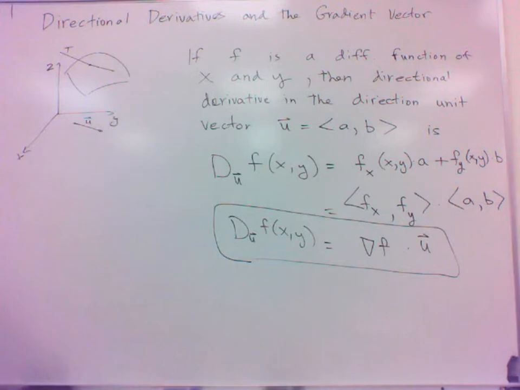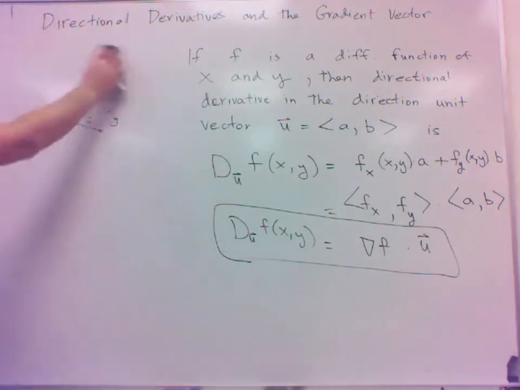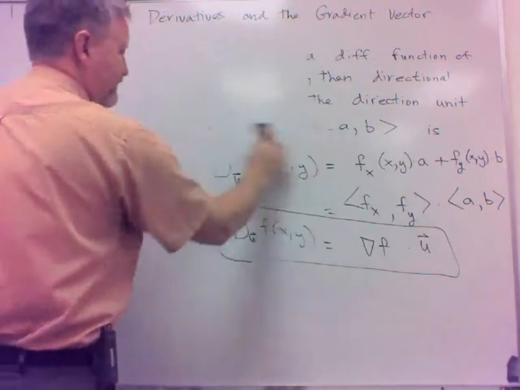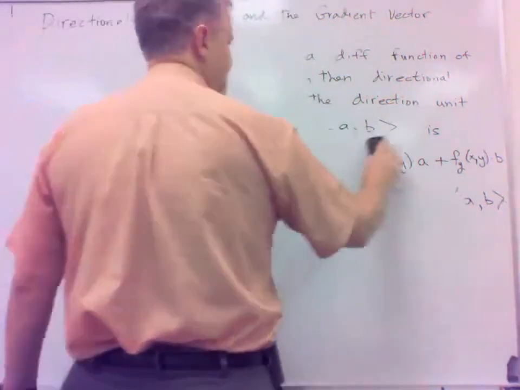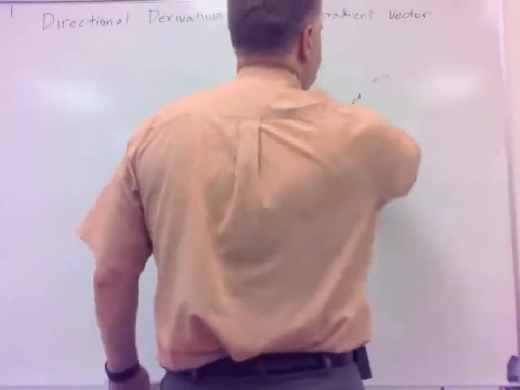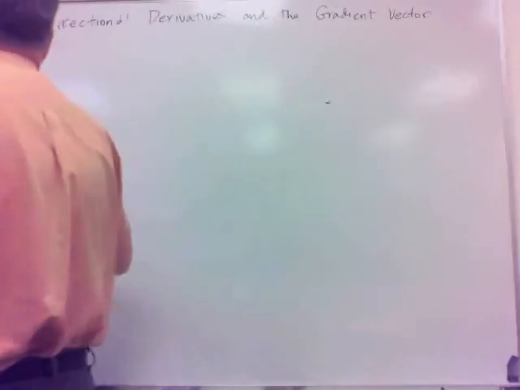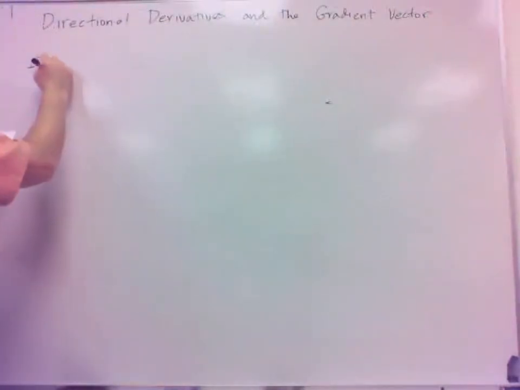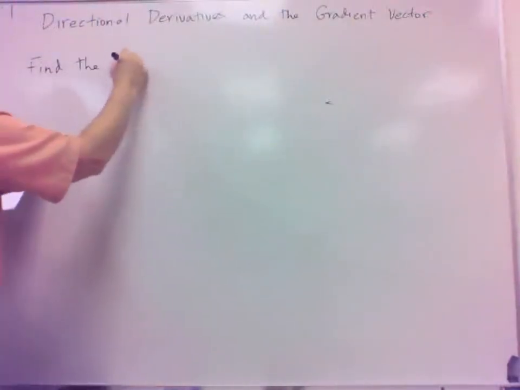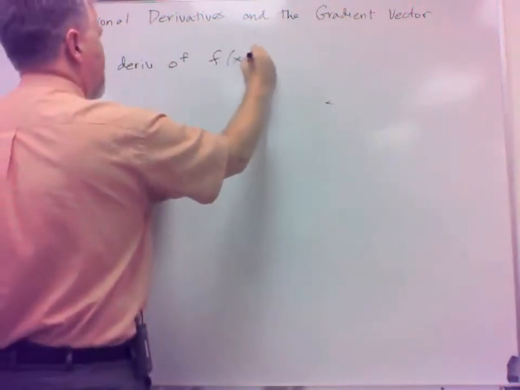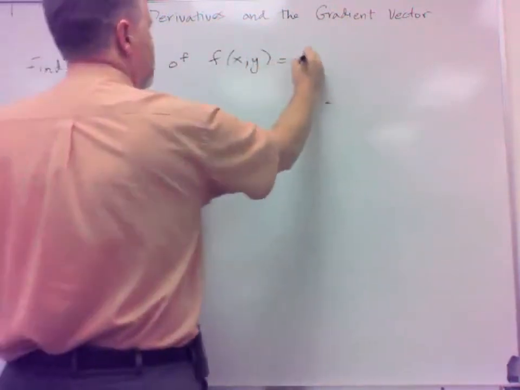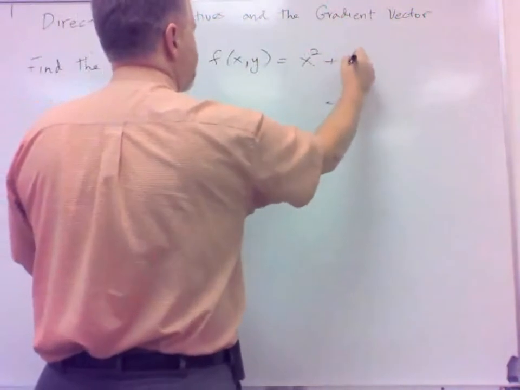Okay? All right. So let's do a couple of those. Let's see what happens here. All right, so let's find the derivative. f of x, y equals x squared plus xy.